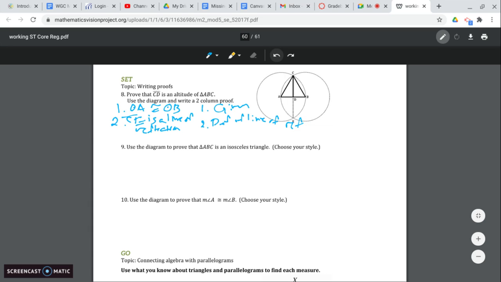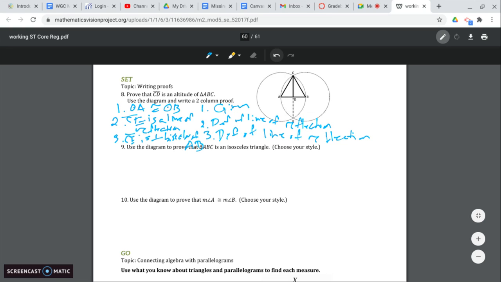Spelled it wrong. And our last bit: then CE is perpendicular bisector, and this is definition of line of reflection. Sometimes we use the exact same reasonings for more than one. And if it's a perpendicular bisector of AB, then it is also the altitude of AB.